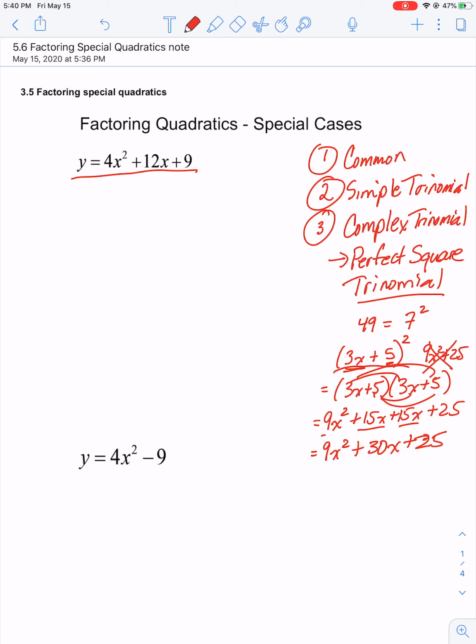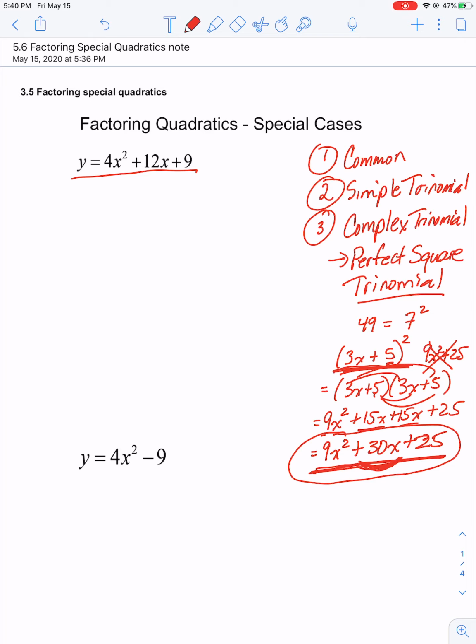So when you square a binomial, you always get a trinomial because there's always that nasty little middle term in there. Always, always, always. Okay, so this is what we would call this 9x squared plus 30x plus 25. That would be called a perfect square trinomial because it is the square of a binomial.